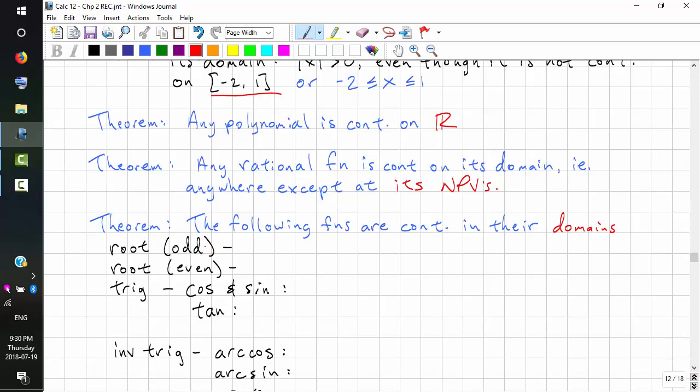An odd root, that's x is all reals. Even root, x is greater than or equal to 0. And again, I'm just going to reiterate this. Does not imply all reals.